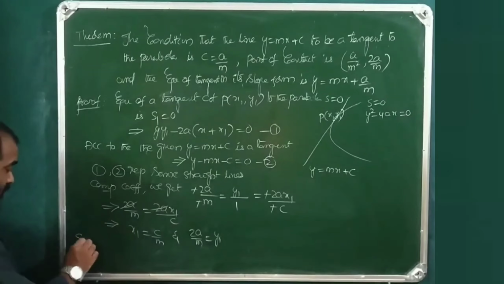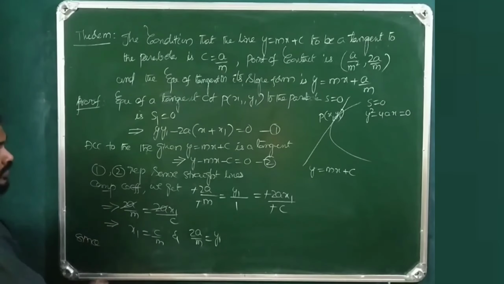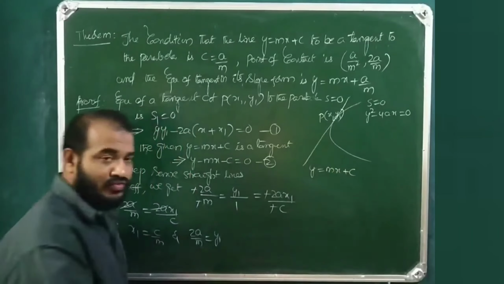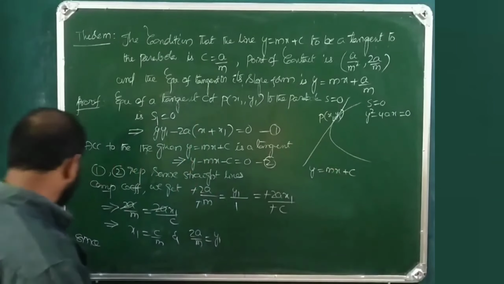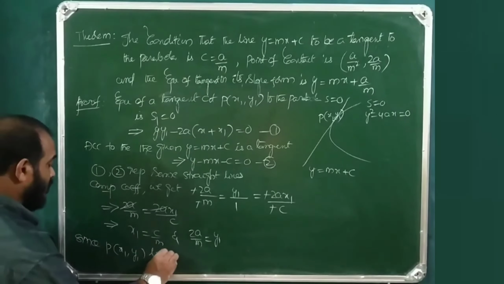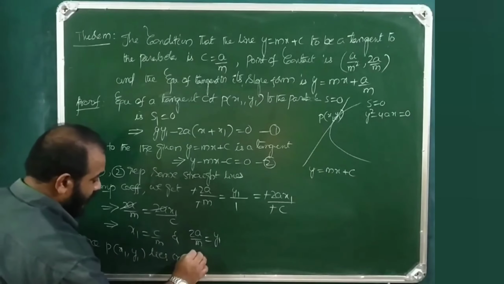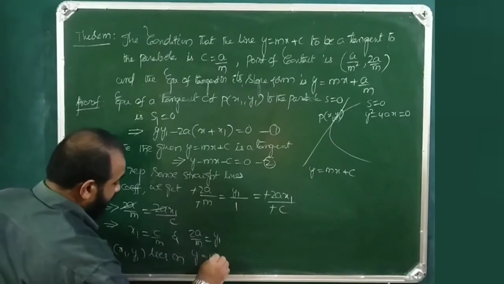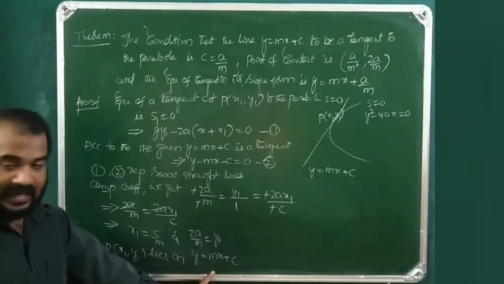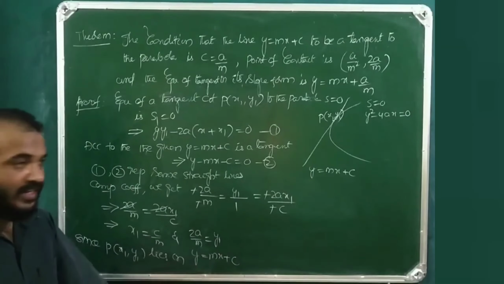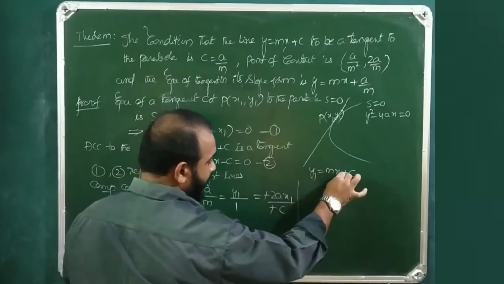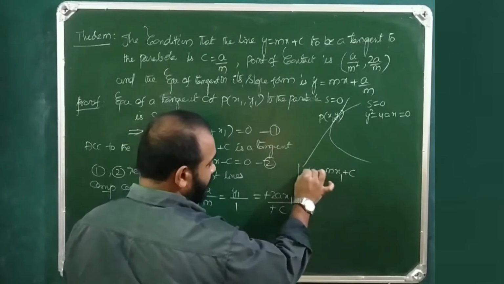Now since this P lies on the line as well as the parabola, since P(x1, y1) lies on the line y equals mx plus c, the point has to satisfy the line equation. So that implies y1 equals mx1 plus c.